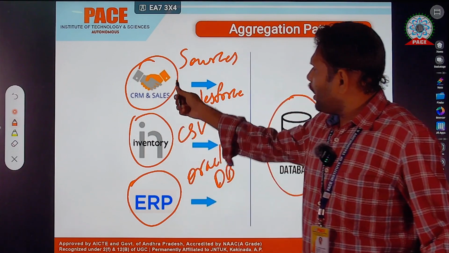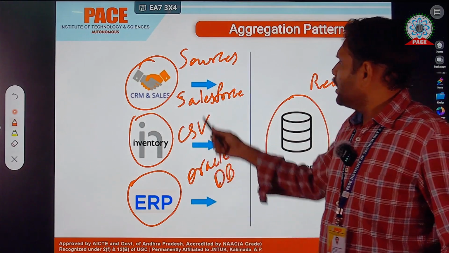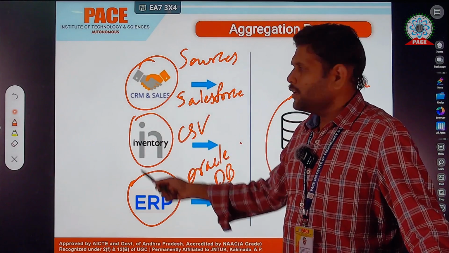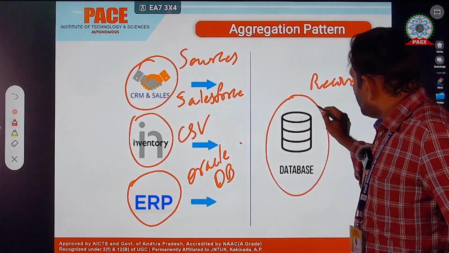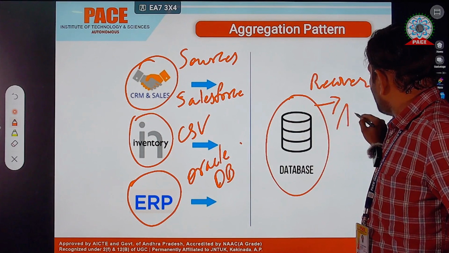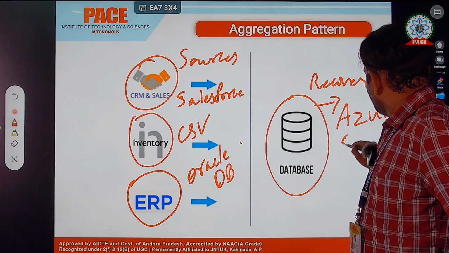So we have three applications with data in different sources, and finally that courier database is present in, we can say, an Azure database, an Azure MS SQL database.